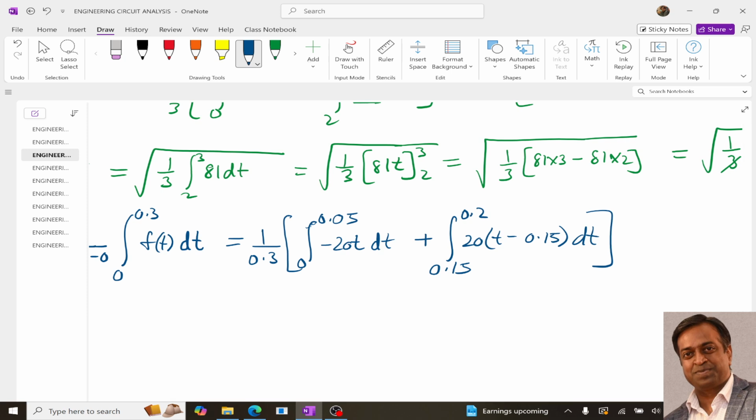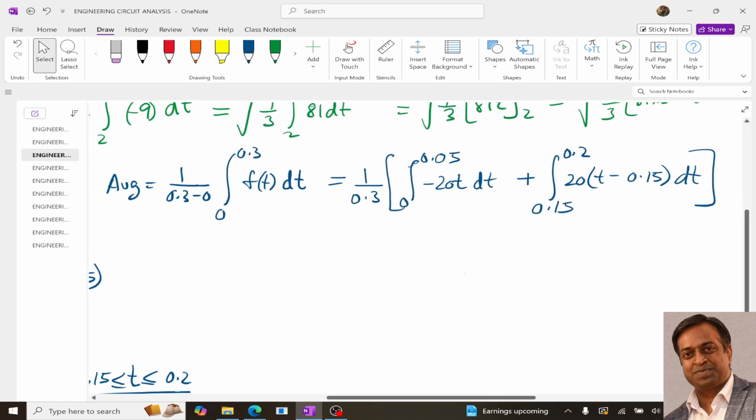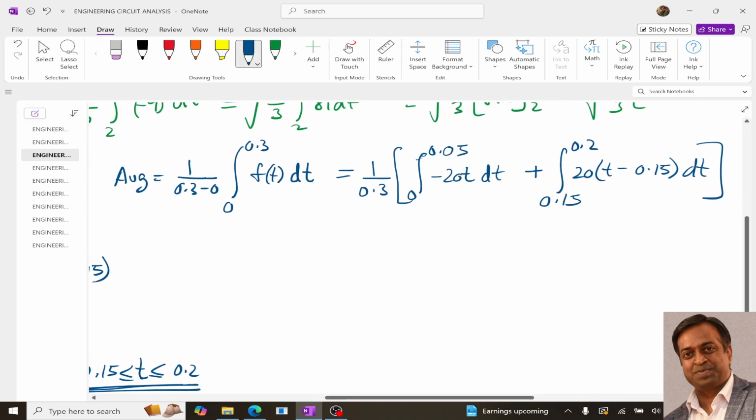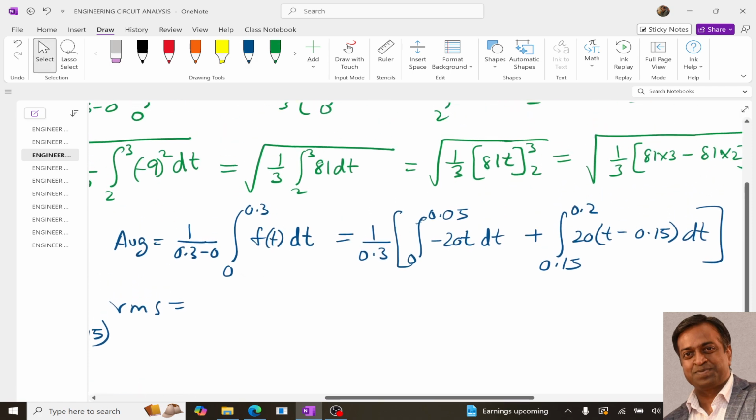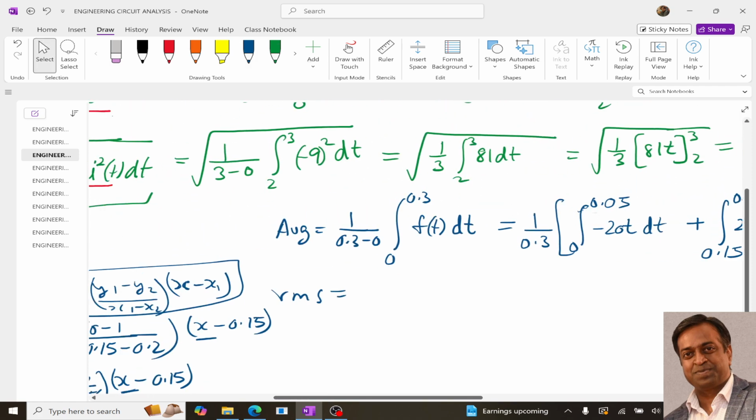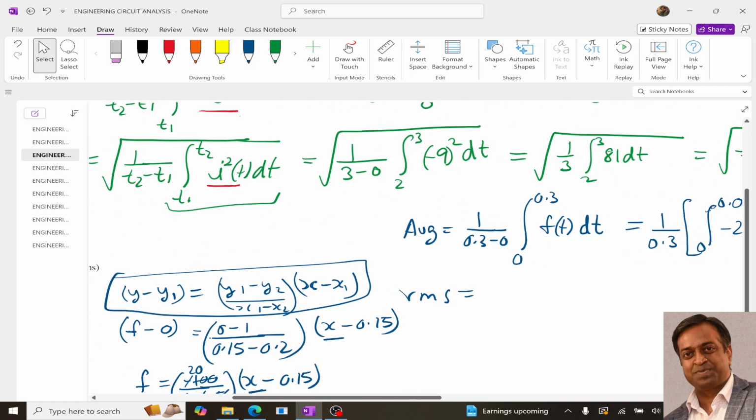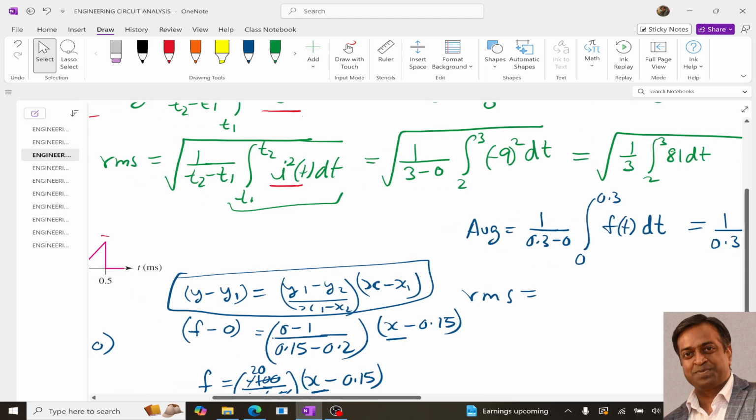Just a minute, let me check. Yes, it's great. And similarly let me put the RMS formula also at the same time. So RMS, yes, the formula for the RMS, it is this.